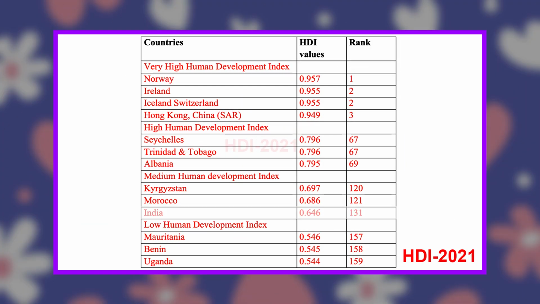For example, in 2001, India's Human Development Index was 0.51, which has increased to 0.646 in 2021 out of the 182 countries studied in the Human Development Report, growing at an average annual rate of 1.34% based on an overall improvement in health, education, and income indicators.